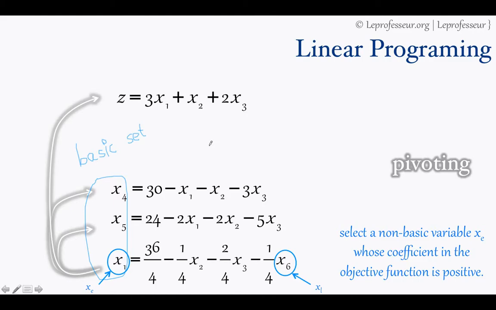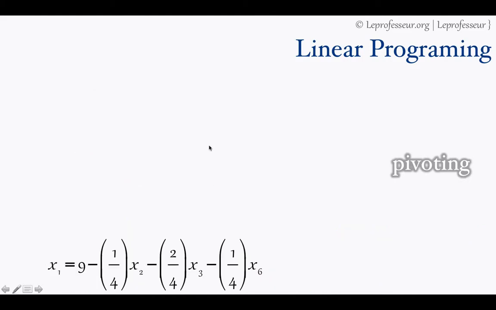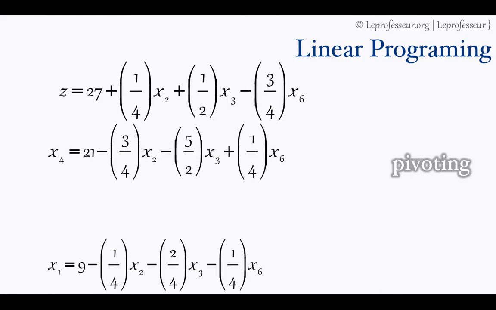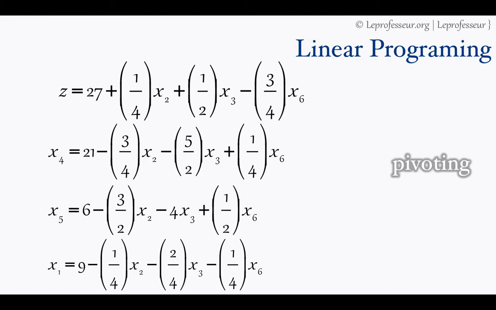Now let's see how the equation would look. So we substitute these values. Our objective function would look like this, and then x4 and then x5.